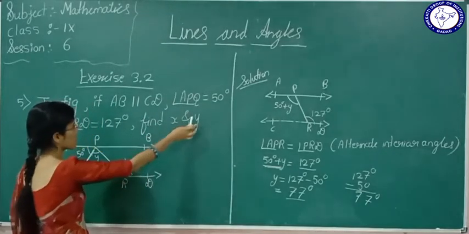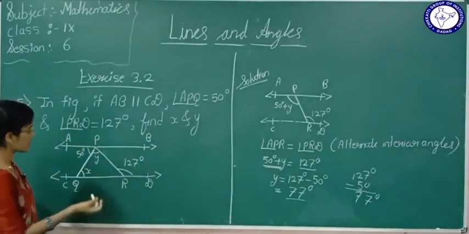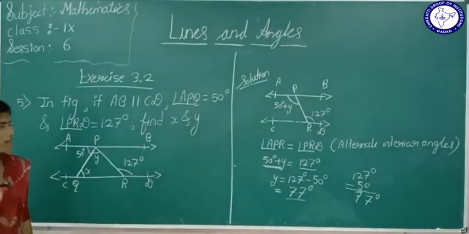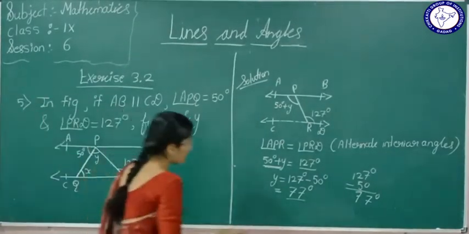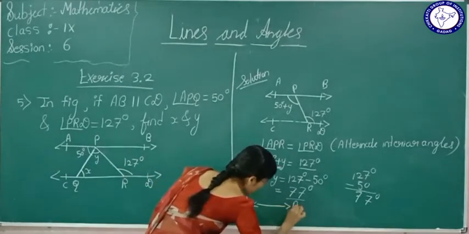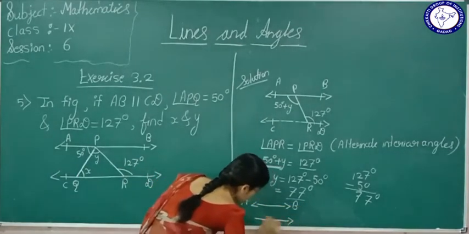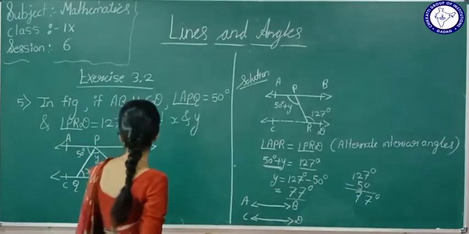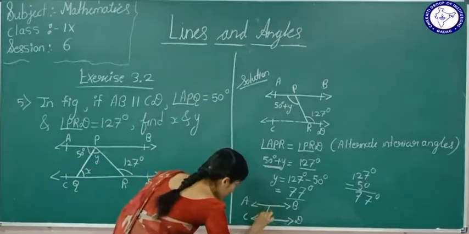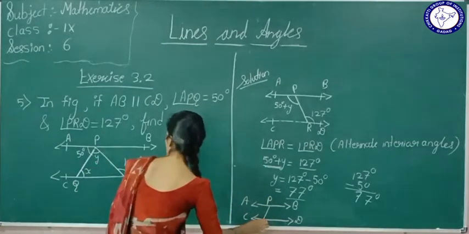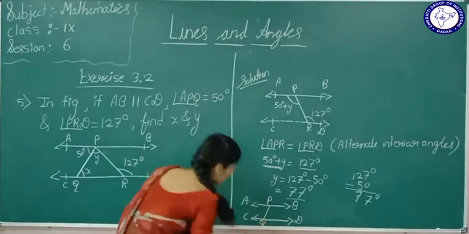They told us to find the value of y. Now we have to find out the value of x also. Observe here clearly. AB is one line and CD is one more line. These two lines are parallel. Now we will take PQ as a transversal.